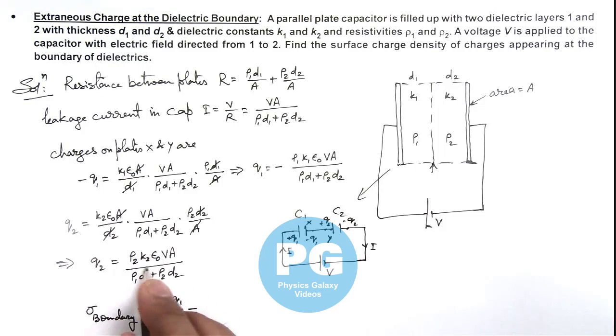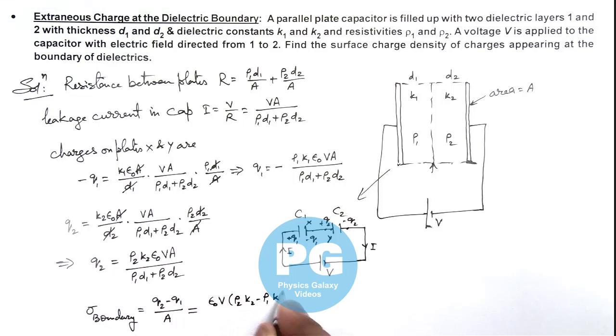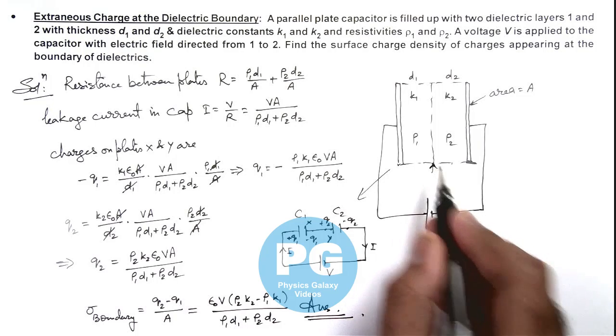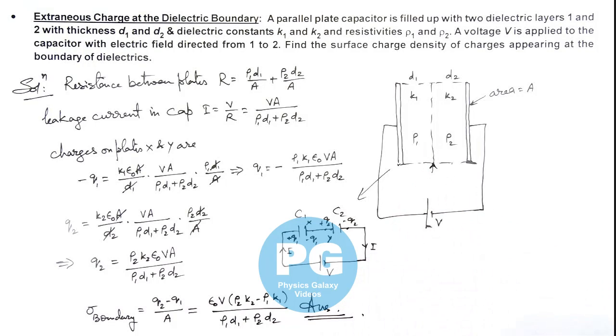If we substitute the values of Q2 and Q1, A gets cancelled out, and the result we get is epsilon naught V multiplied by ρ2 k2 minus ρ1 k1 divided by ρ1 d1 plus ρ2 d2. This is the final result of this problem, which is the extraneous charge at the boundary of the two dielectrics in this situation.